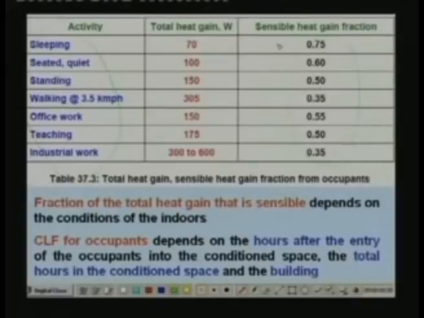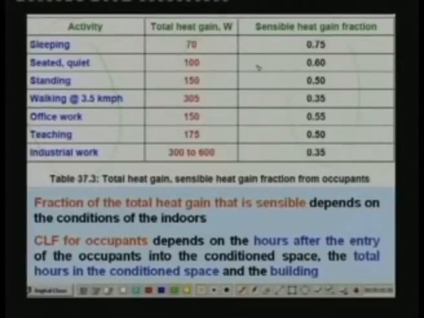For example, if the occupied space consists of people who are sleeping, then heat gain per person is 70 watts, and out of this 70 watts 75% is sensible heat and 25% is latent heat.